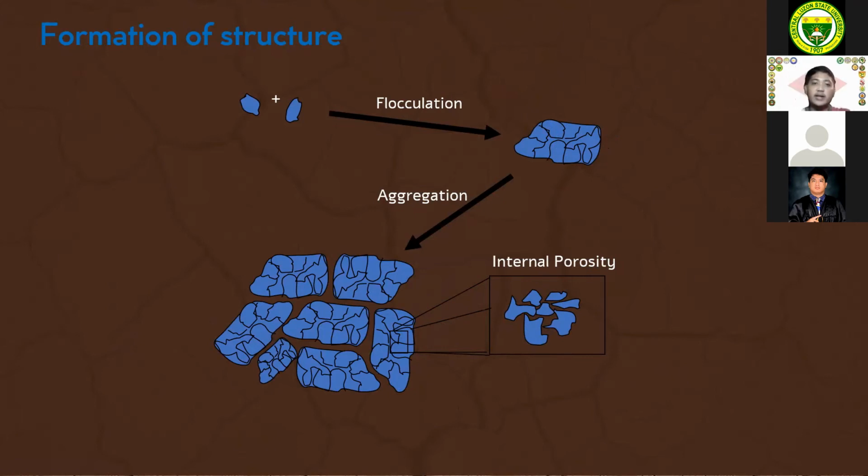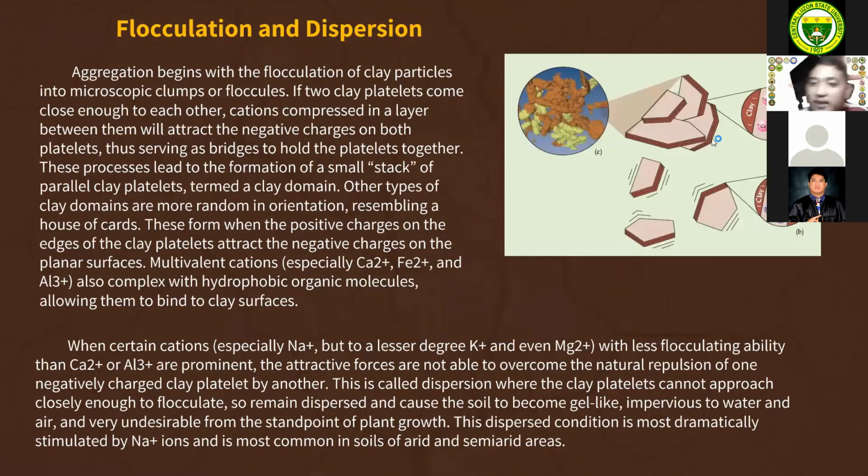So flocculation and dispersion. So what's the difference between the two? So as you can see here, we have the calcium as cementing agent. Yung clay, makikita natin yung clay. We all know that clay is dominantly negative in charge, di ba? It is composed of aluminum octahedron and silica tetrahedron.